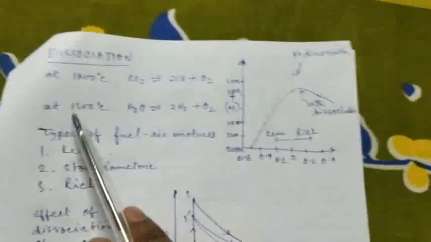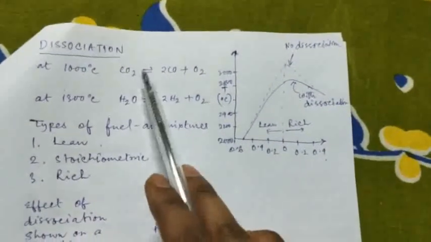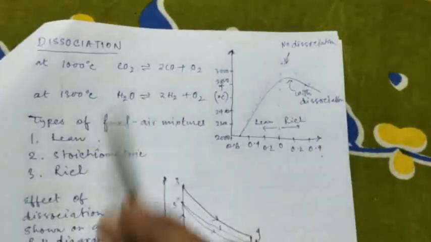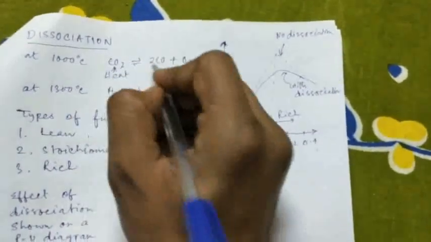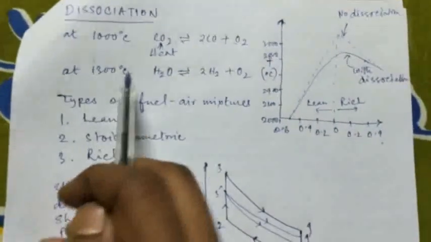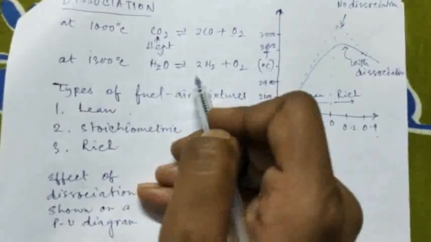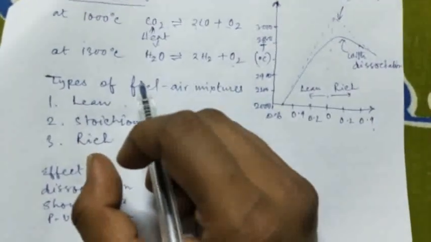See, at 1000 degrees centigrade, the CO2 molecule basically breaks into CO and O2 molecules and takes some heat. At 1300 degrees centigrade, the H2O molecules take some heat and break into H2 and O2 molecules.